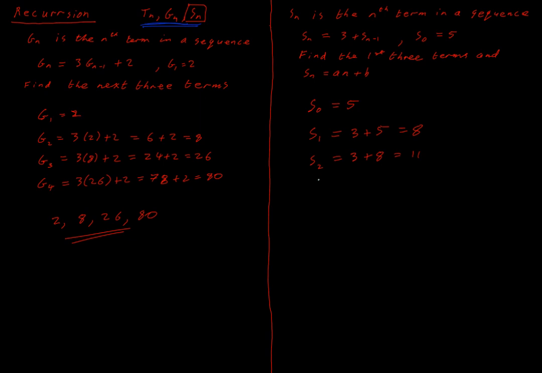For the first 3 terms, S3 is the third term, which is going to be 3 plus the second term, going to be 14. So what have we got now? We have 8, 11, and 14, which would be S of 1, S of 2 and S of 3, what we would usually call T1, T2, and T3.